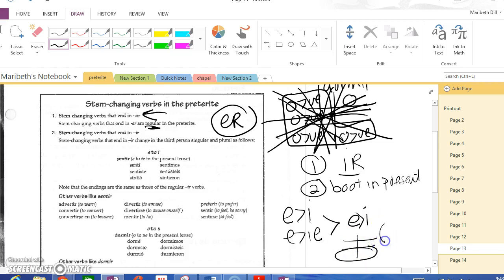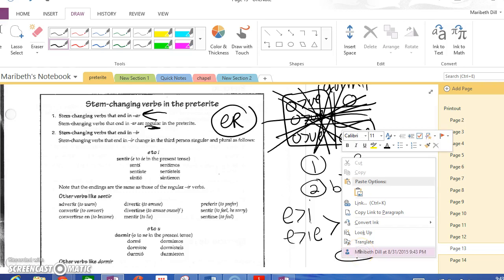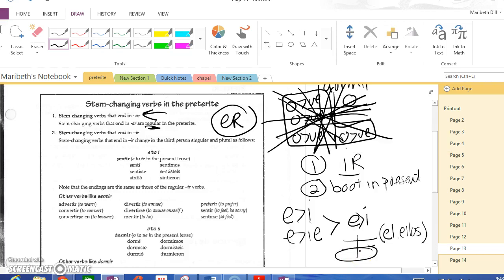That means only in the él and the ellos forms: él, ella, usted, ellos, ellas, ustedes. It will be E to I only. E to IE does not exist in the preterite.